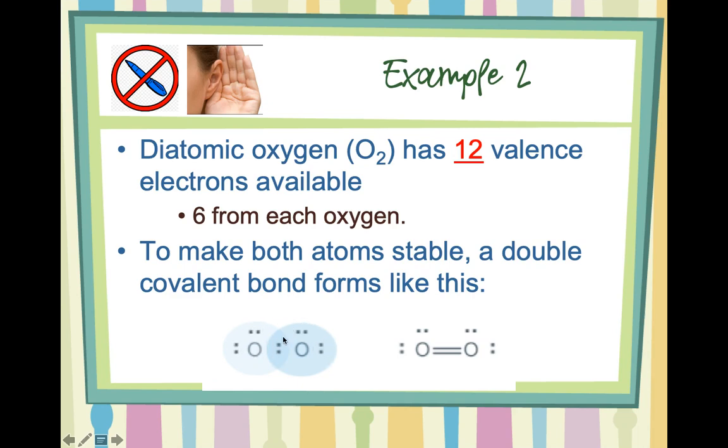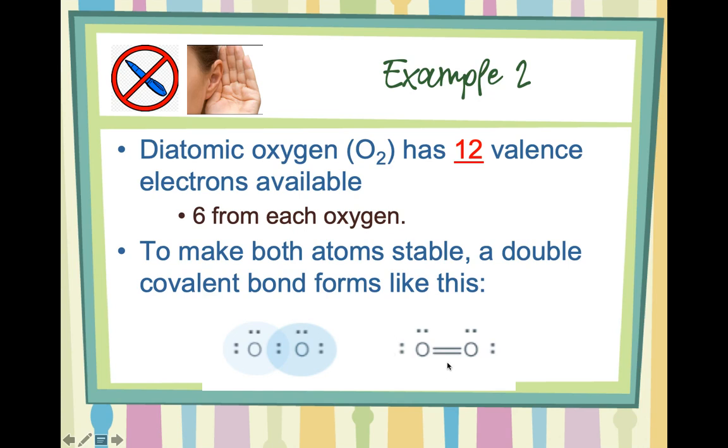Here are the 6 electrons that each oxygen starts with. But the point is that if they just share one pair, they would still just each have 6 electrons, and that's not stable. That's not the octet rule. So they're like, well, wait a second. If I put in a pair of electrons for sharing and you put in an electron pair for sharing, we could share 4 electrons and then in total, look, 1, 2, 3, 4, 5, 6, 7, 8.